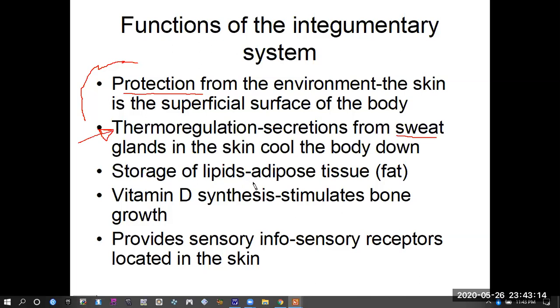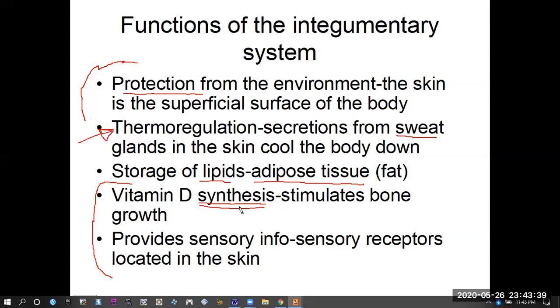Deep to our skin, we have our subcutaneous fat for storage of energy, as well as another protective cushion. And these latter two here won't be touched on so much in this lecture, but our sunlight exposure to our skin allows us to create limited levels of vitamin D. Of course, we need that in our diet.